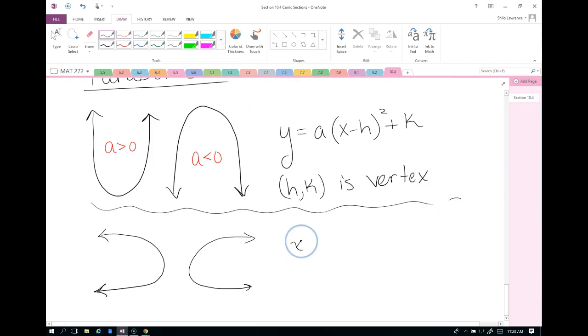So we're going to have x equals a times (y minus k) squared plus h. Notice my h and my k switch spots as well. That's because k is the y component of the vertex, so k has to stay with your y. So it's still true that (h, k) is the vertex.